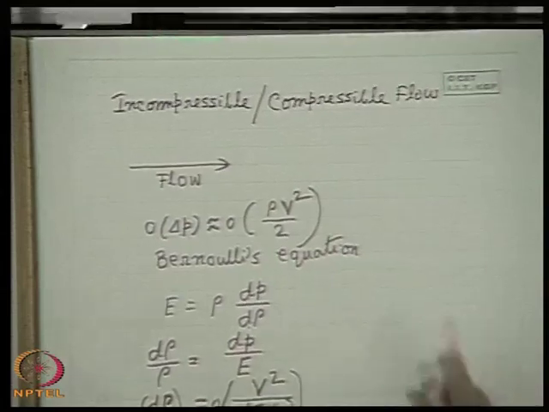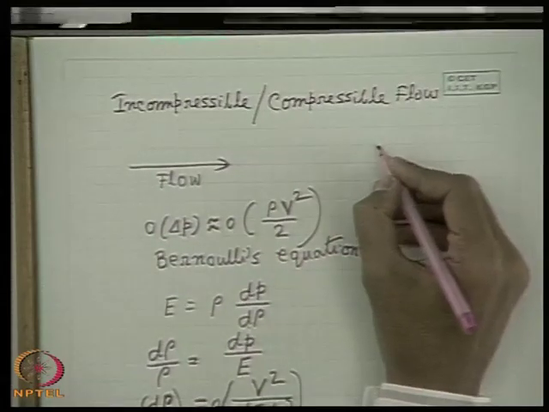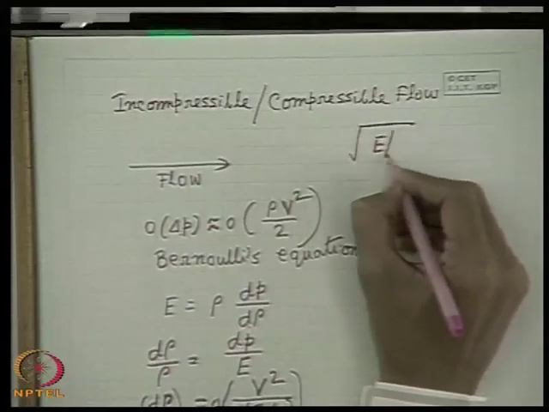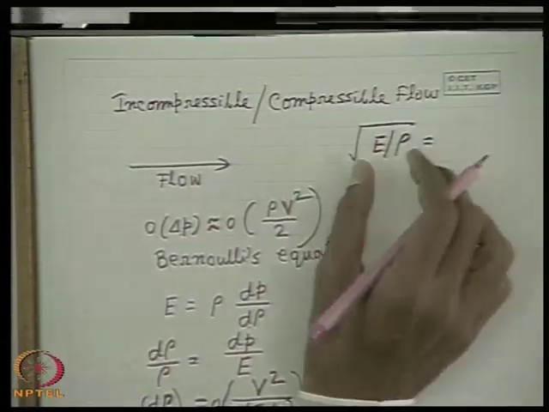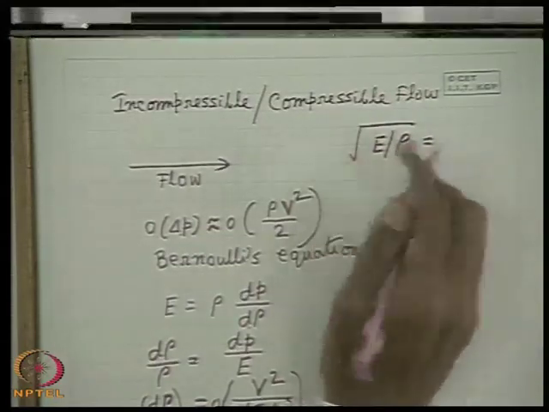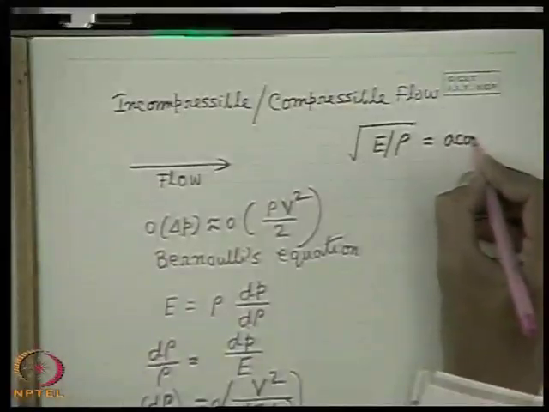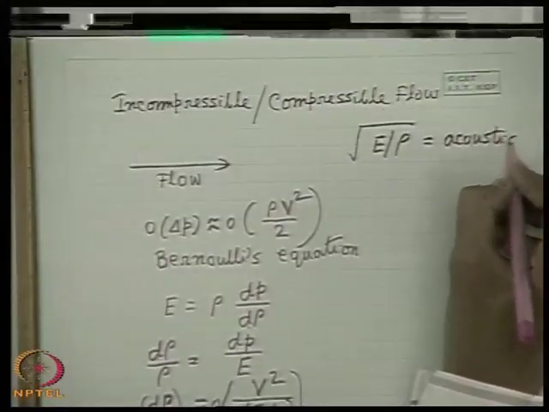Now you know probably from physics that this root over E by rho is what? Can you recall? Does it relate to some velocity? The dimension is a velocity dimension. It is acoustic velocity, very good. So root over E by rho is the acoustic speed or acoustic velocity, velocity of sound in that fluid medium at that condition.